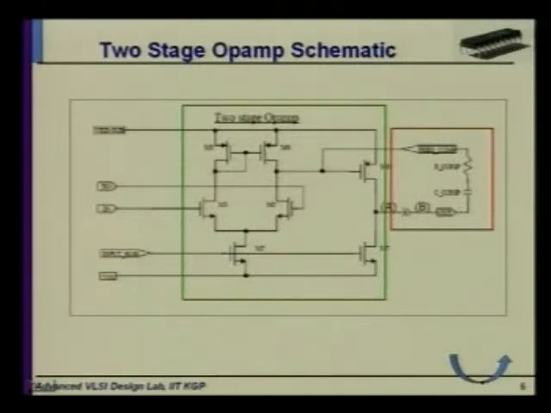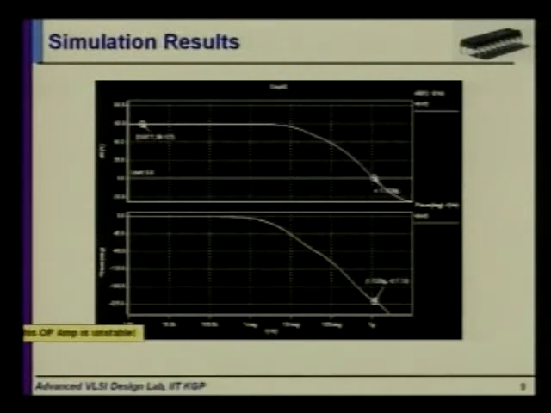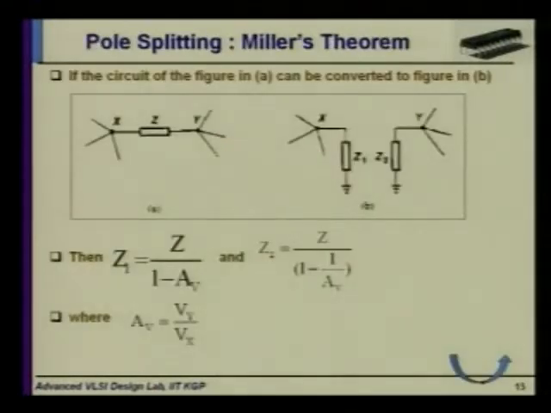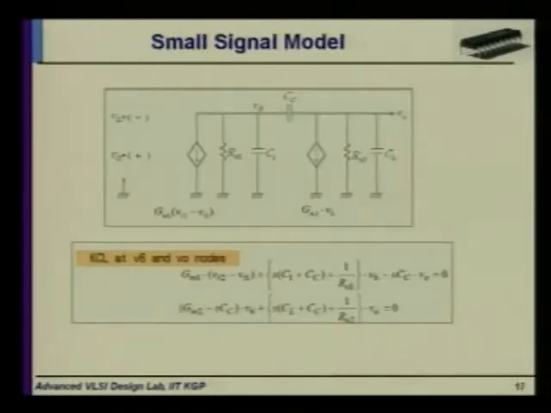Okay, this will increase the phase shift by splitting the poles, as you can see here. So by introduction of Cc, see here that in the small signal analysis, Cc is basically here, and you all know Miller's theorem.